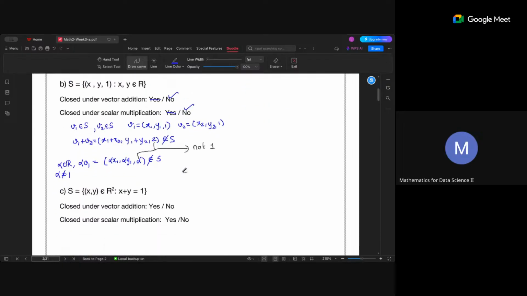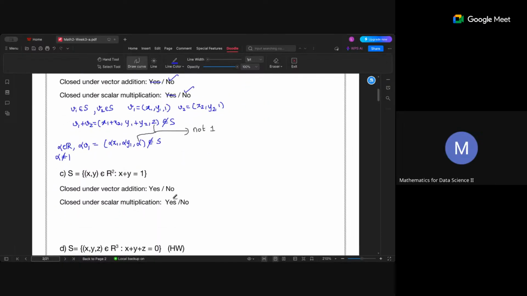Okay. What about this set? So again, we are going to take two vectors from the set S. So how do they look like? So V1 is x1, y1, where x1 plus y1 is 1. And V2 is x2, y2, where x2 plus y2 is 1.